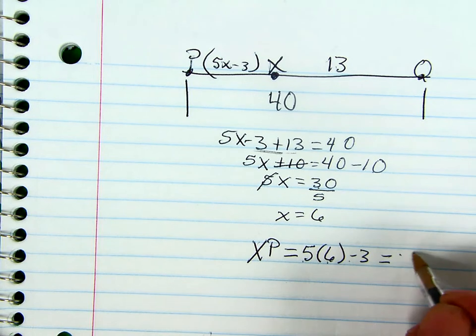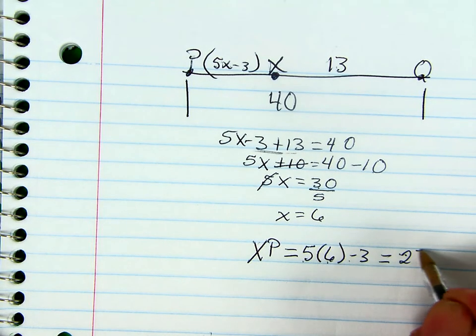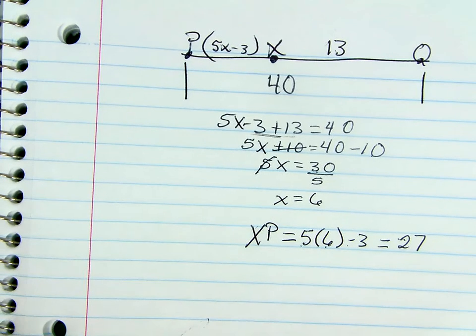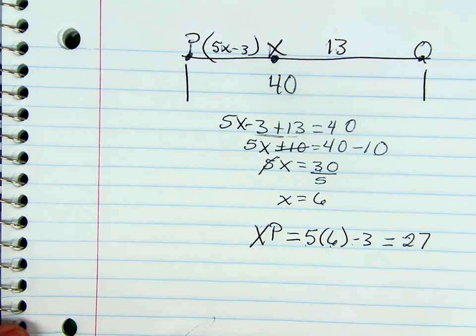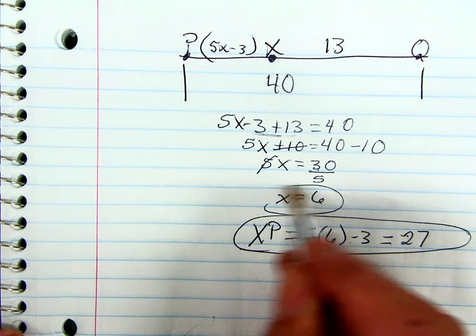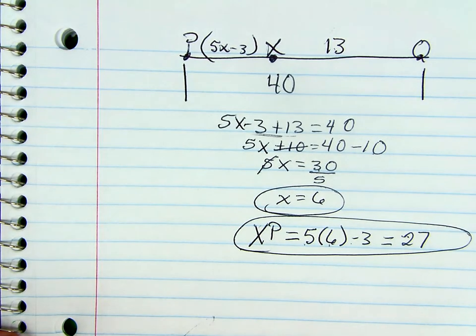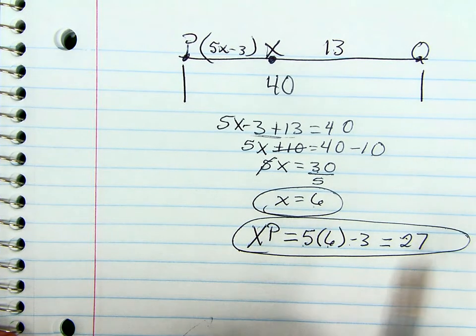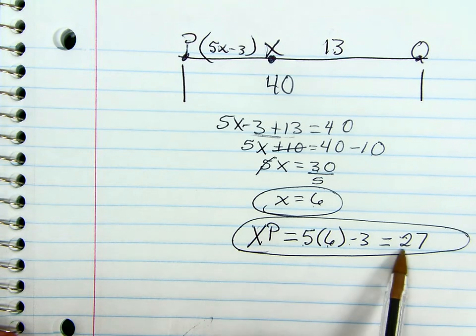Take away 3 is 27. So the two answers for that one are x equals 6, xp equals 27.